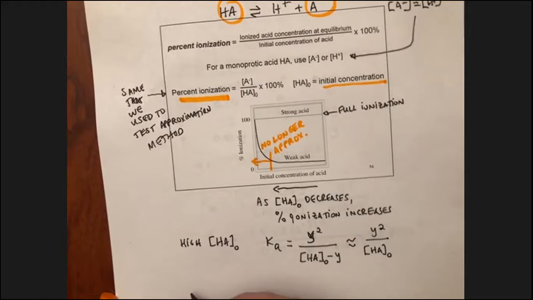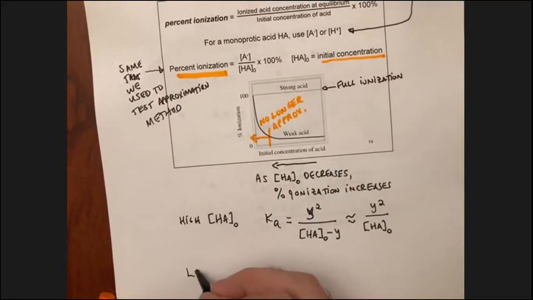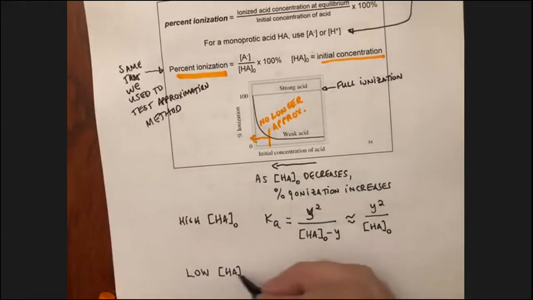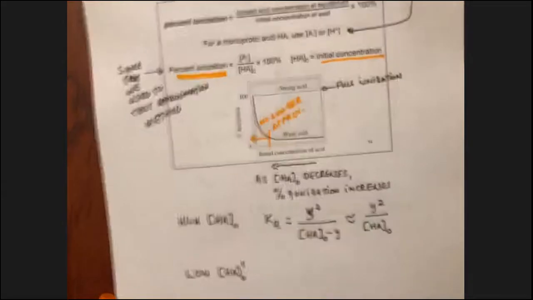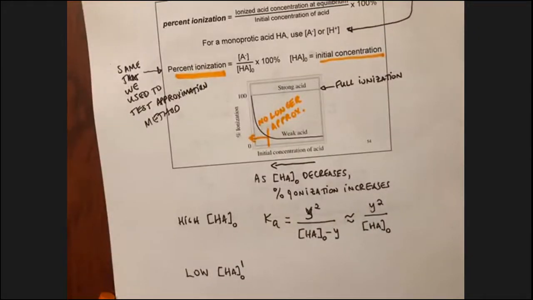Now, let's go to a low value of my initial concentration of acid. Let's call it HA prime. Again, let's write out the equation.